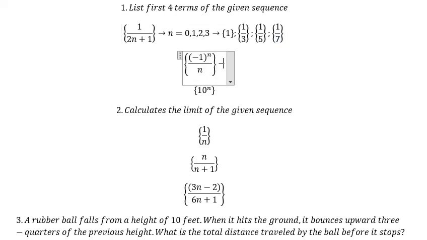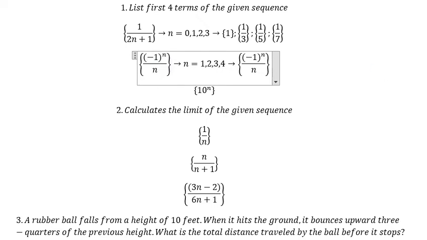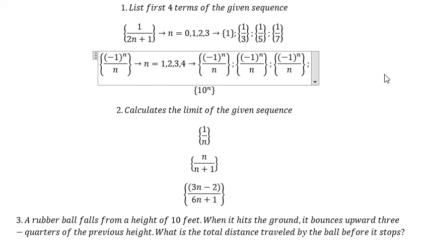Question number 2, we do the same. I will put 1, 2, 3, 4. We cannot put 0 in here because if we put 0 in here, the fraction does not exist. So that's why we start at 1.